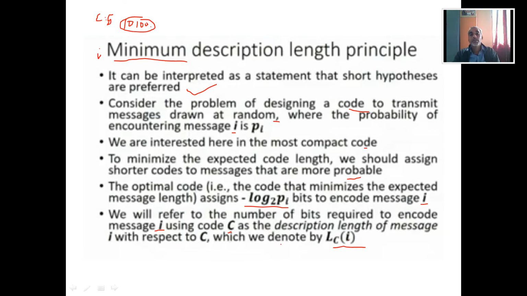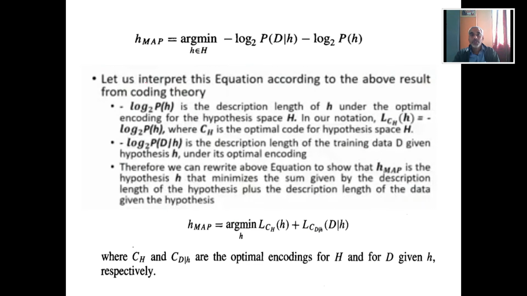So we are trying to bring this concept from information theory. Now if you take your HMAP, that is the maximum a posteriori hypothesis, what was that hypothesis? We have alternatively changed it: HMAP is equal to arg min of minus log2 of the probability of D given H, minus log of the probability of H. Now let us interpret this equation according to information theory or coding theory.